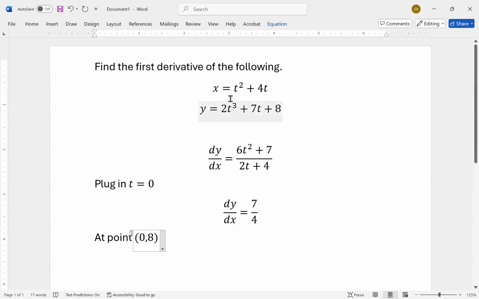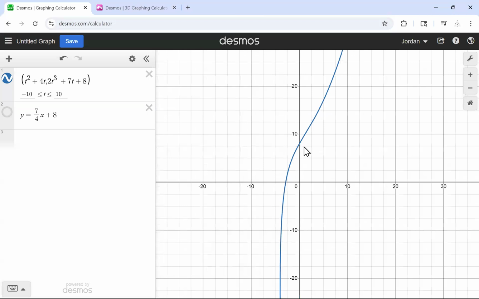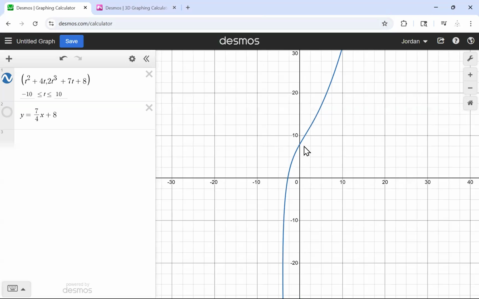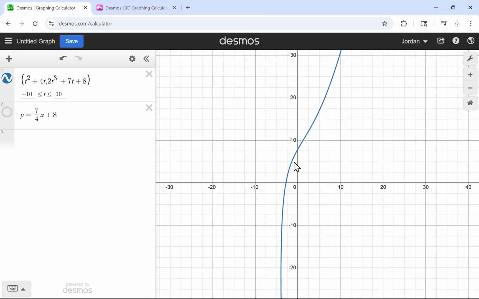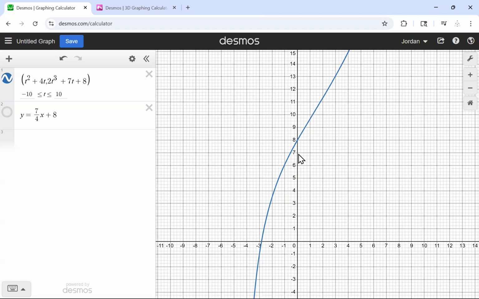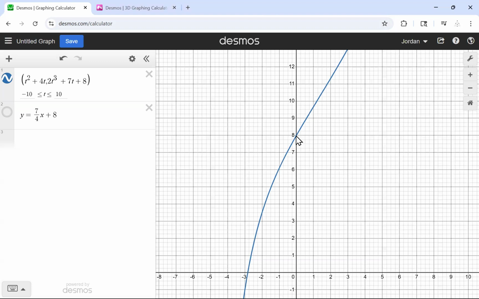Let's graph this parametric curve and then look to see if that matches up with how we think it should match up. So this parametric set of equations gives me this graph here. Obviously, we're looking at the point (0, 8).